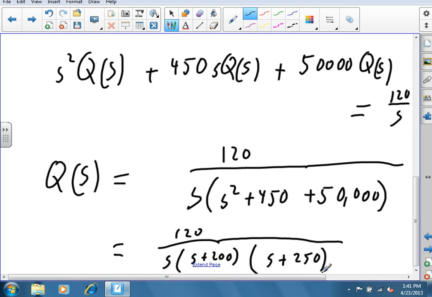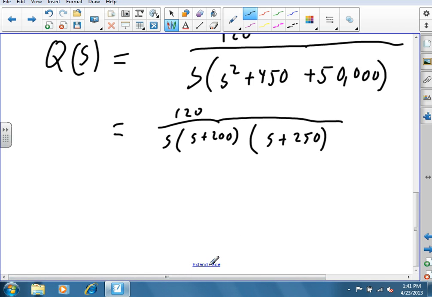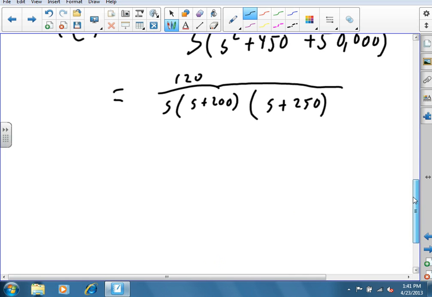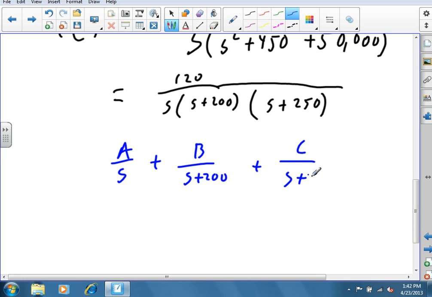Let's go second function, polynomial solver. You can have a second degree polynomial or a third degree polynomial. Yeah, pathetic, I know. Anyway, so we're down to here. We're going to do a partial fraction again and say this has to be A over S plus B over S plus 200 plus C over S plus 250.